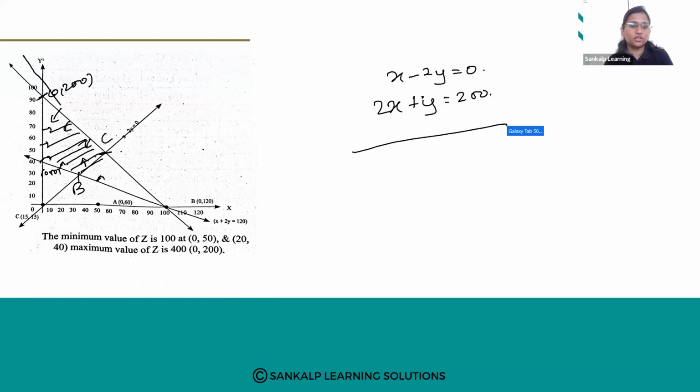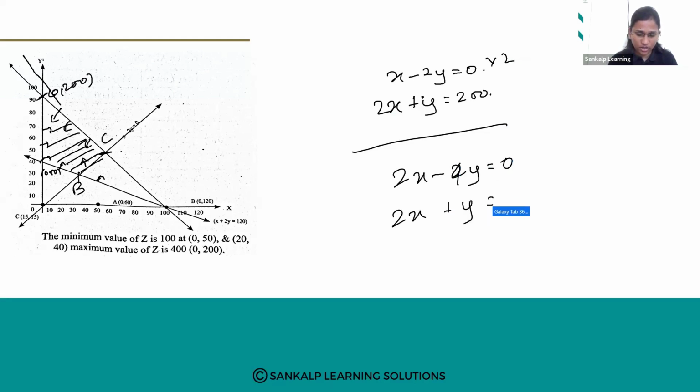If you solve this, if I multiply this with 2, 2x minus 4y equals to 0, 2x plus y equals to 200.